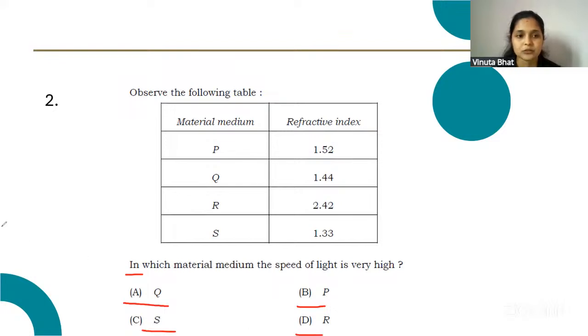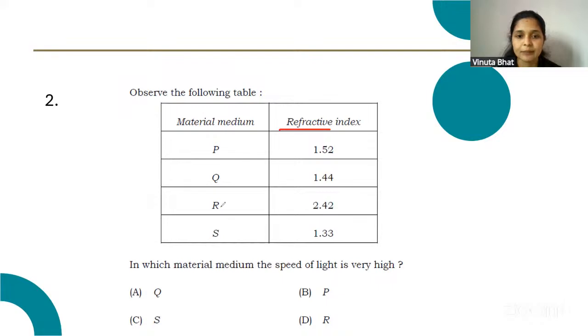This topic is deleted from your syllabus here. When the refractive index of the medium increases, the speed of the light decreases. So where the refractive index is very less, the light speed is very high.